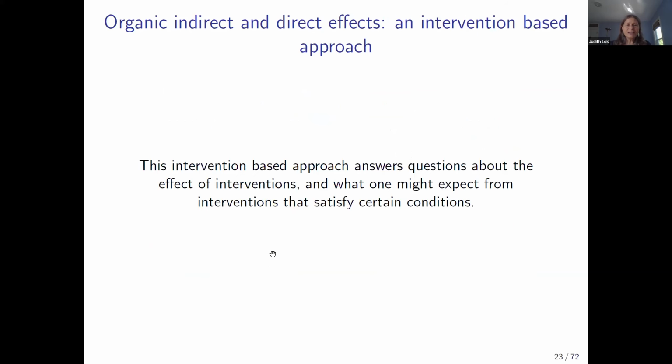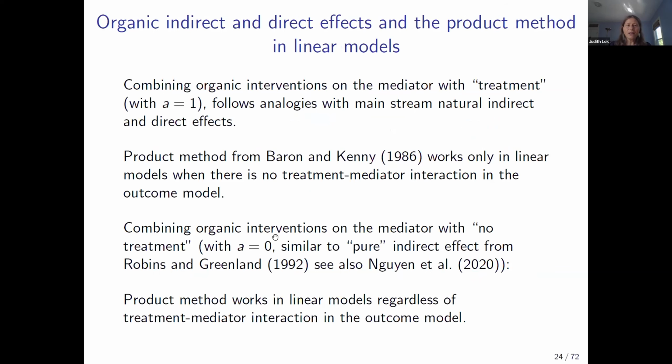Okay. So this intervention-based approach answers questions about the effect of interventions and what one might expect from interventions that satisfy certain conditions. Now I am going to do something that is in the 2020 paper more than in the 2016 paper.